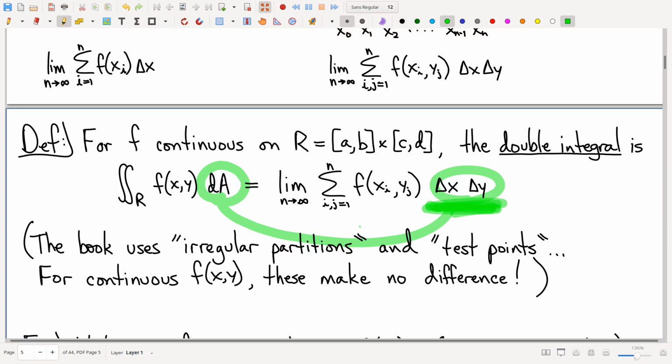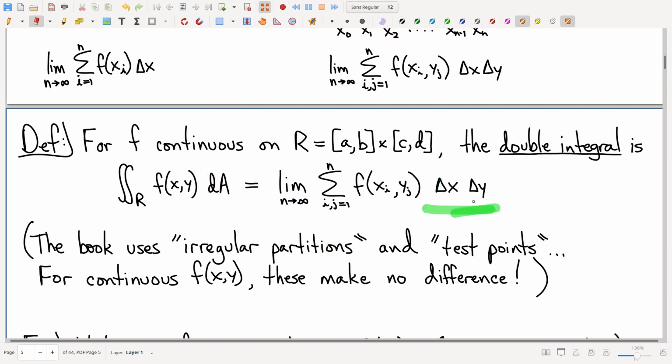So we're going to call that dA. And as you might expect, we're going to use a notation to represent all this summation and limit business. We're going to use two integral symbols like that. Just kind of as a nice little shorthand. Okay. All right, so this is what a double integral is.